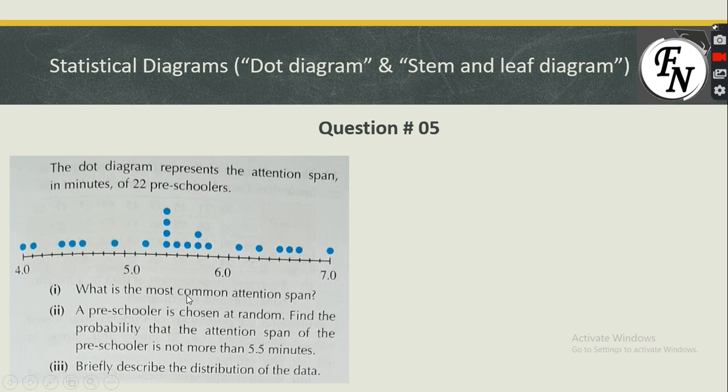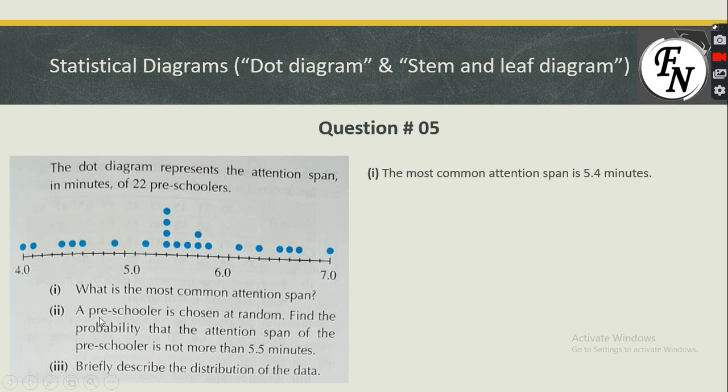The most common one is the most repeated, and this turns out to be 5.4. This is given in minutes. So this is 5.4 minutes. That is the most common time span.